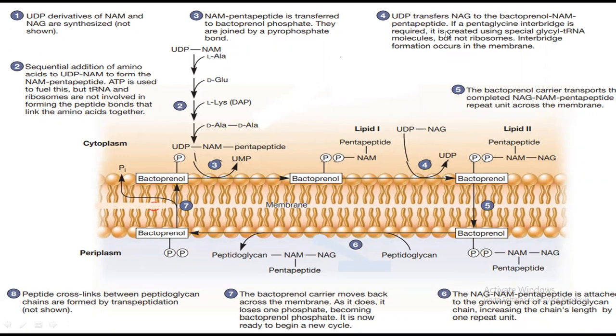They cannot travel inside the cytoplasm of the cell, and they do not know their pathway, where they should bind. So there is a special type of carrier molecule that is known as UDP, and UDP stands for uridine diphosphate. It is a type of molecule.